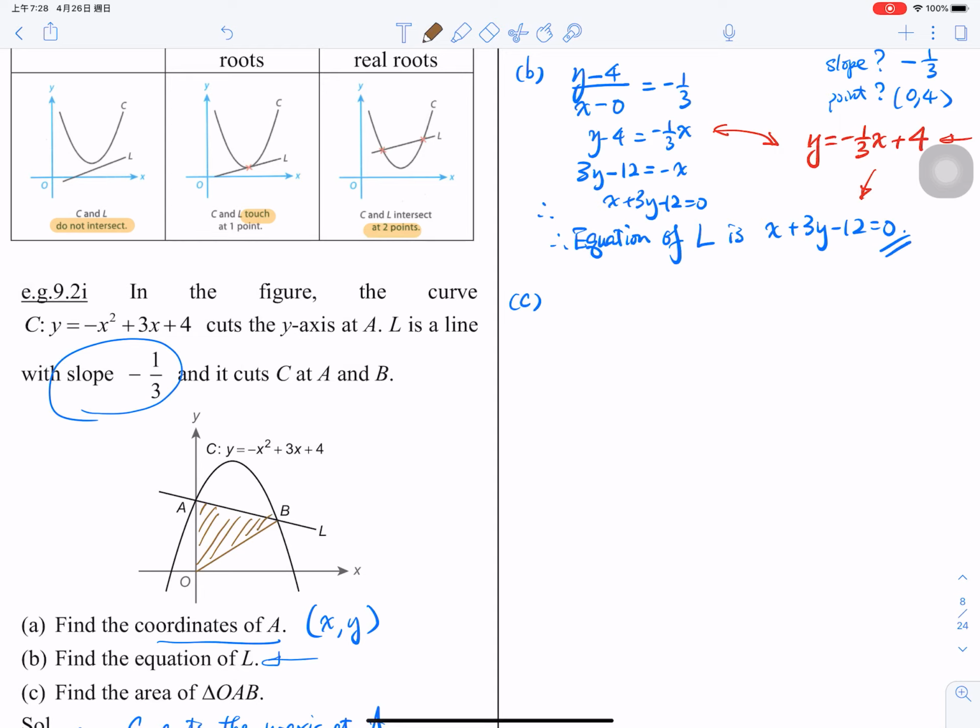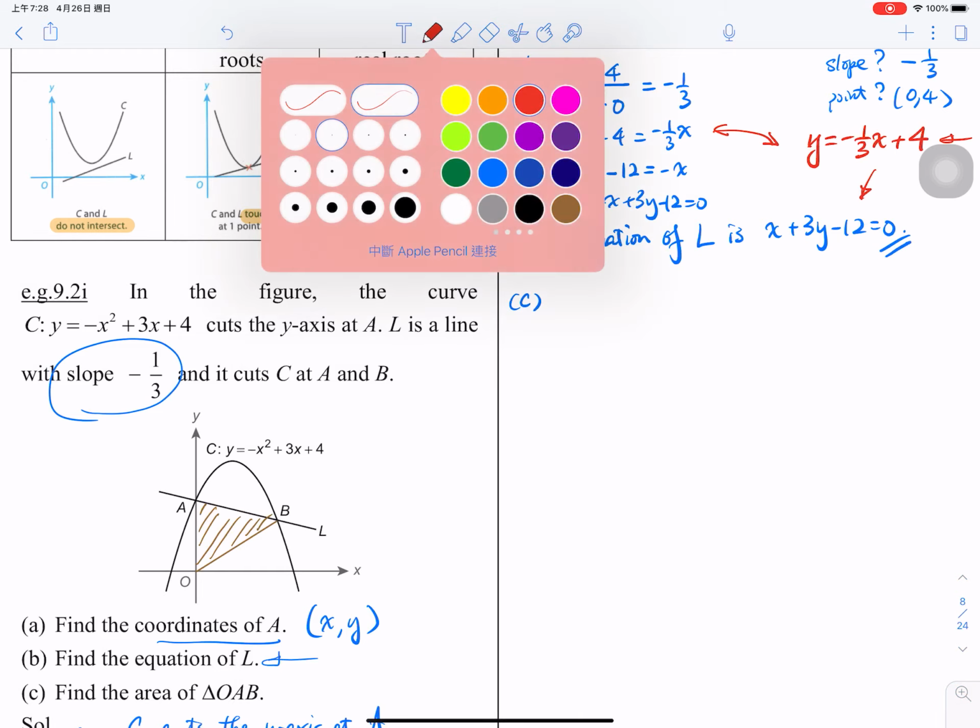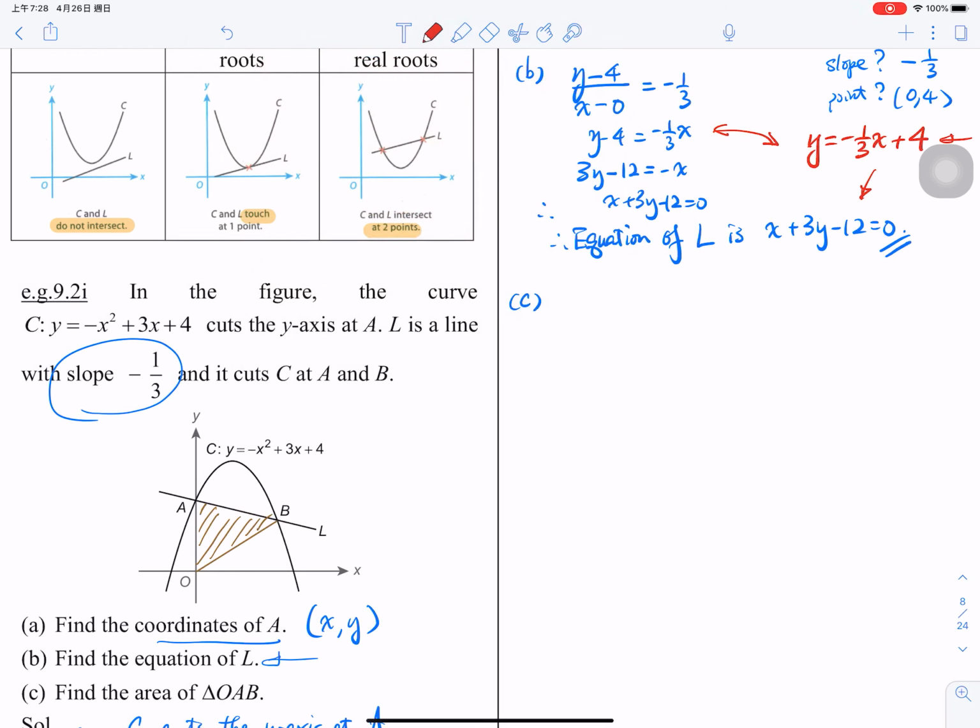What can we do? This one is a triangle, so you can find the base and the height of the triangle. Which one is base and which one is height of the triangle? So let's see. I cancel out the shaded part.